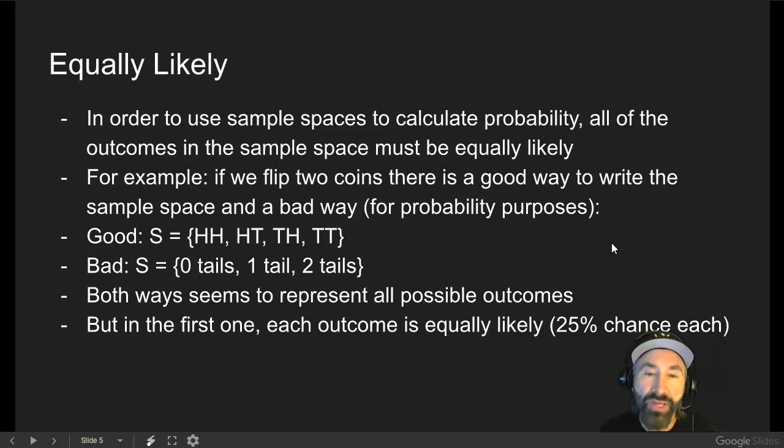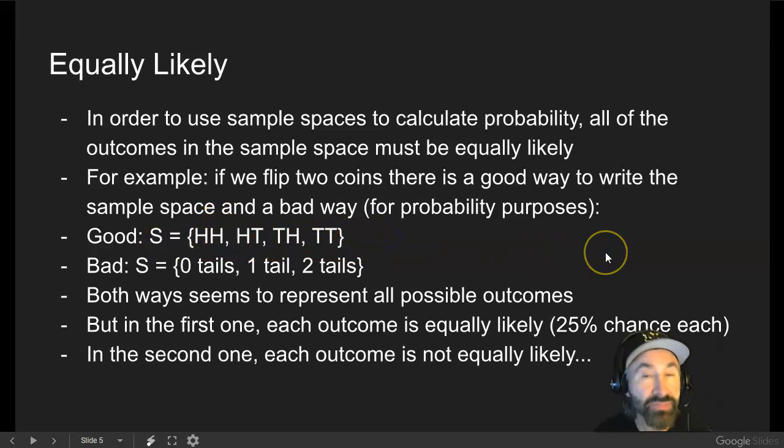In the first one, each outcome is equally likely, each of these 4 outcomes. And in the second one, each outcome is not equally likely. Now, I will tell you this. There is a big debate amongst people about whether the first sample space is correct or not.